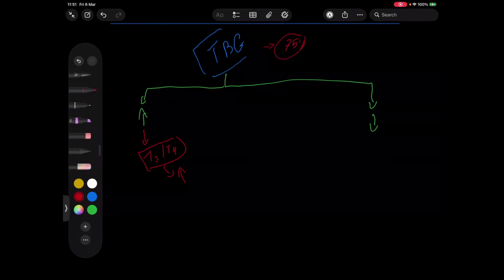High. So TBG is binding and transporting the thyroid hormones in the blood. If you find the binding and transporting protein high, you're going to find your hormones high.